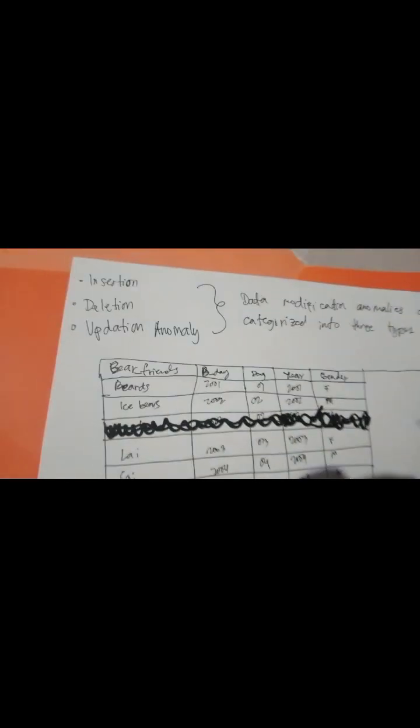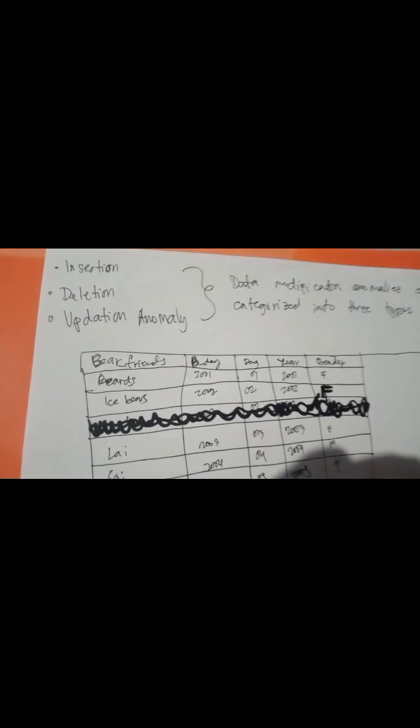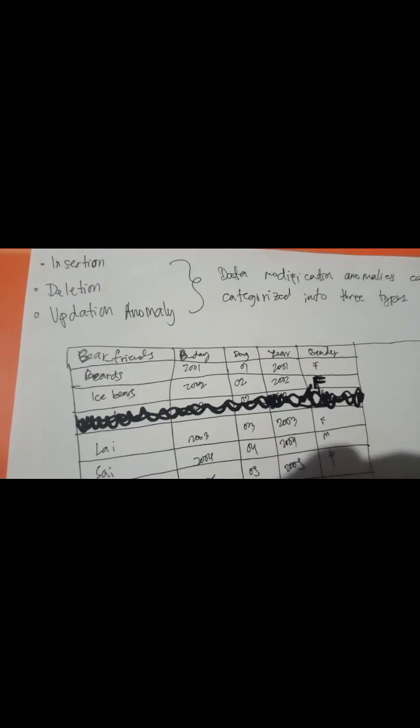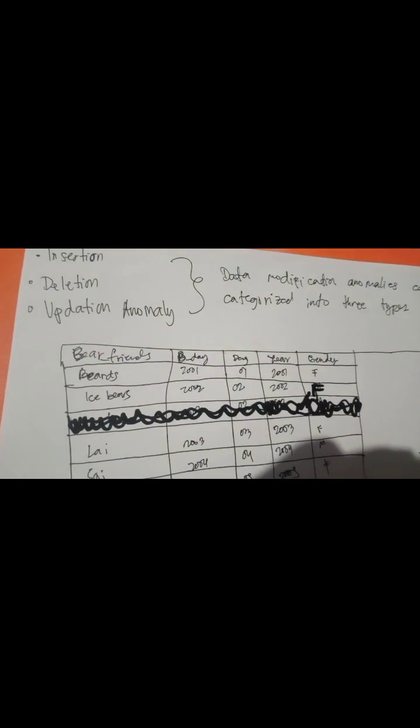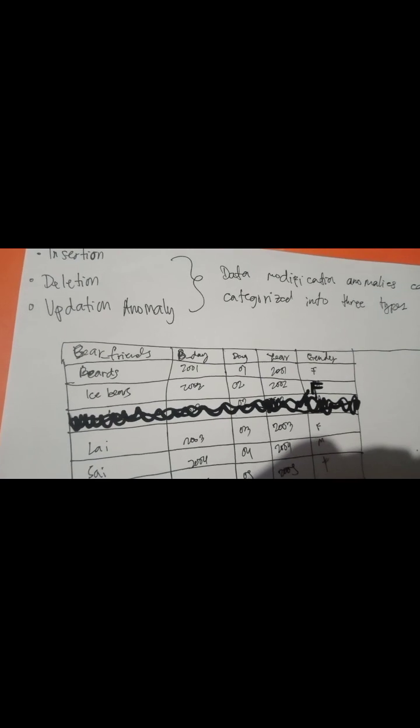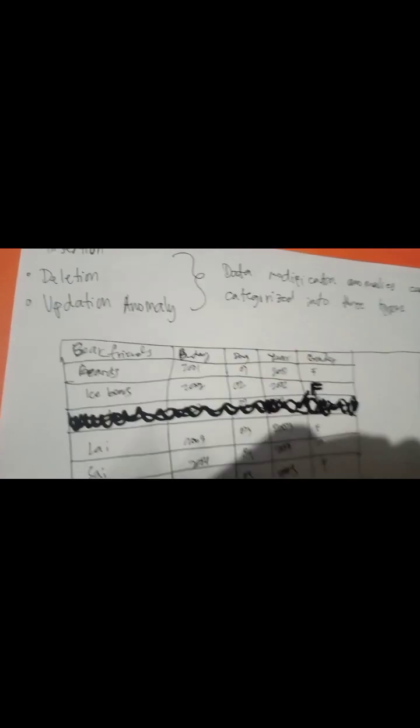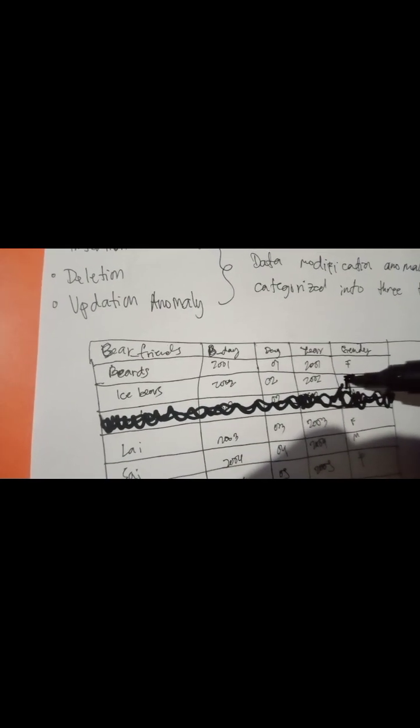And now we're going to update the gender of Ice Bear, which means the friends of We Bare Bears are one male and the Ice Bear are female. Which means the Ice Bear friends are one female friend. I mean, one male friend.